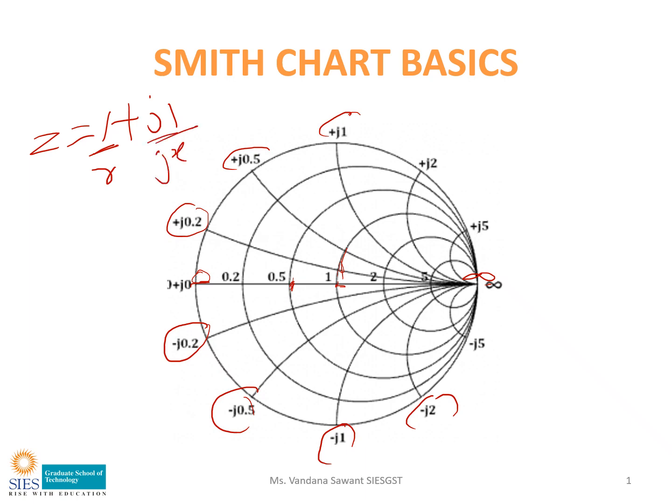That means on the horizontal circles we have to move on the r equals 1 circle, and for the vertical circles we have to move on the jX equals j1 circle.